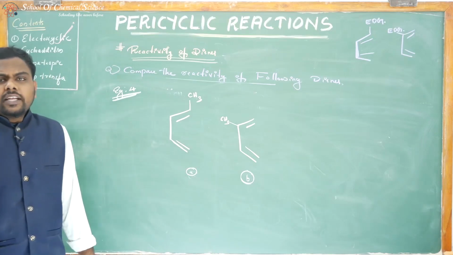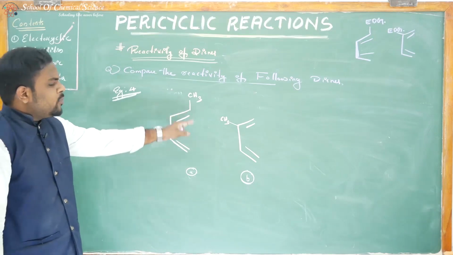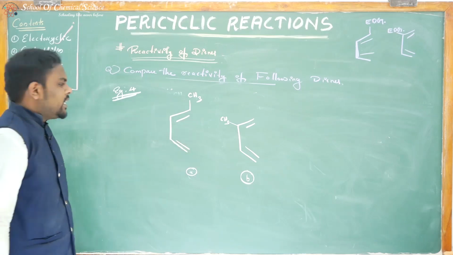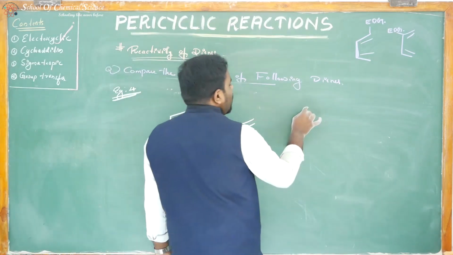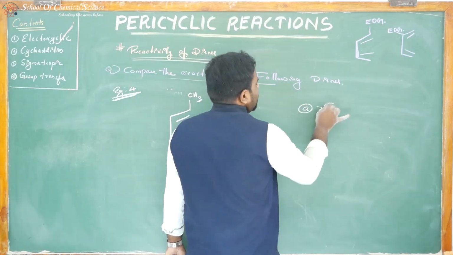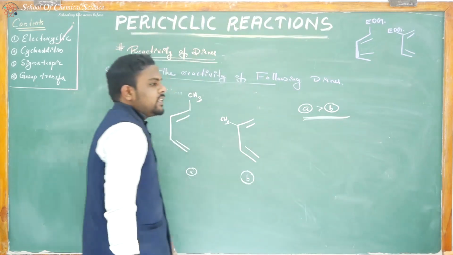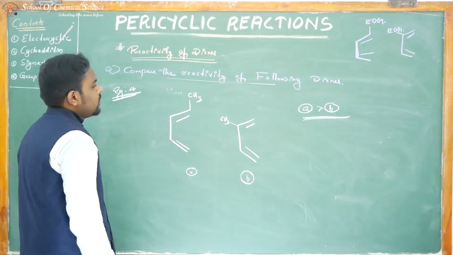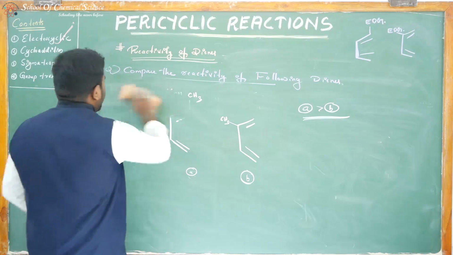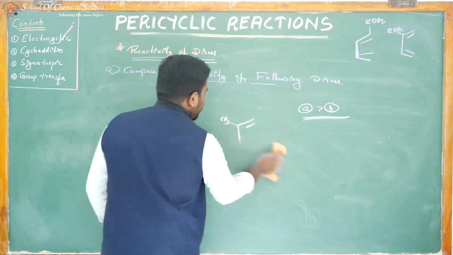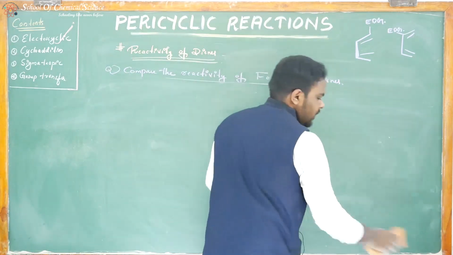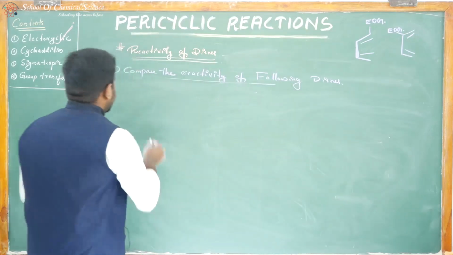CH3 is also an electron donating group. An electron donating group in the first position, extended conjugation. So definitely A will be more reactive than B. That is the question. Okay, next one, example 5.